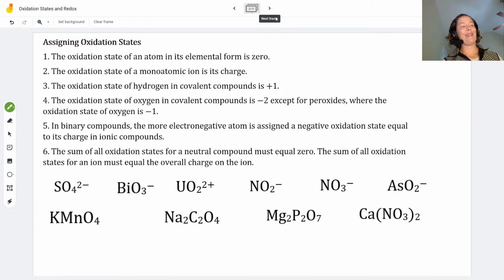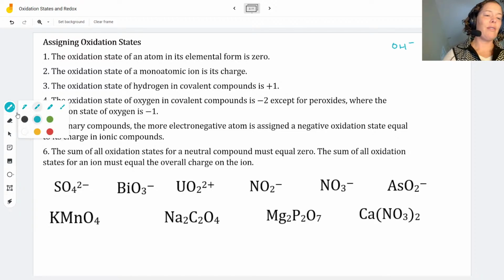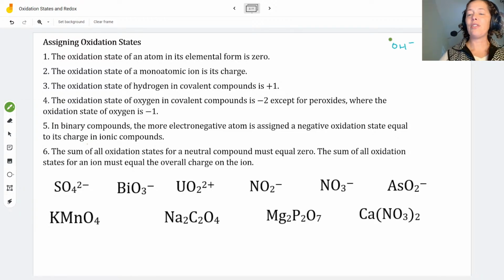Thank you, OG benchmarks. Let's see. No, sodium hydroxide you would still give, because hydroxide has an overall charge of -1, which means your oxygen is -2 and your hydrogen is still +1 for oxidation states.